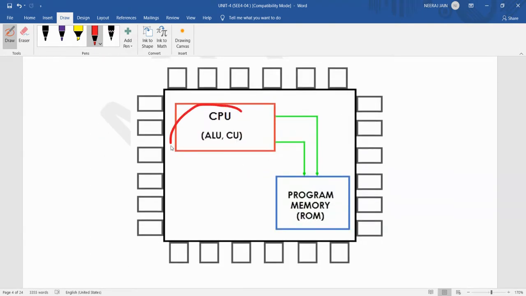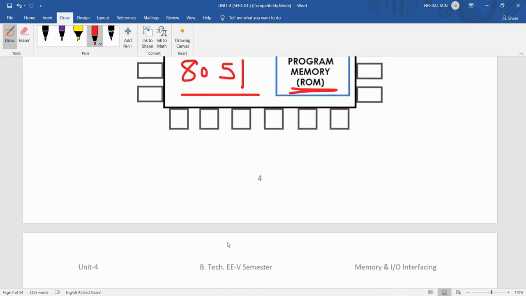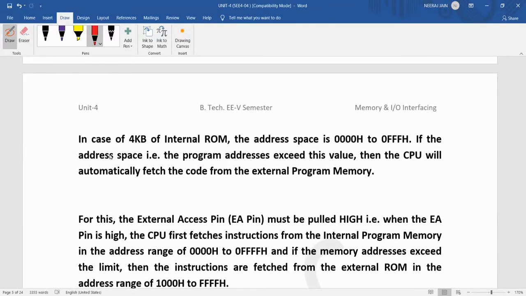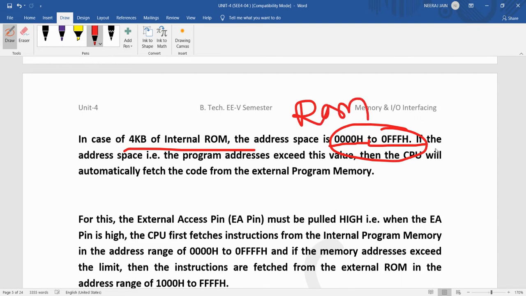That is the structured CPU, and that is connected with the ROM program memory in the 8051 microcontroller. In case of 4 KB of internal ROM, the address space is 0000 hexadecimal to 0FFFH. It is the address that is provided to the ROM.